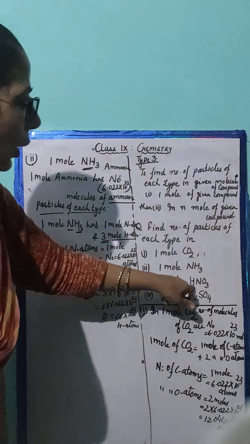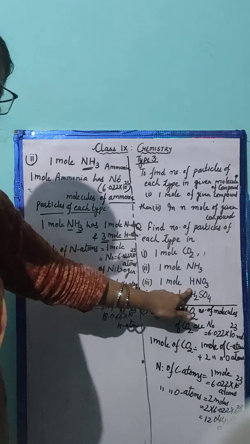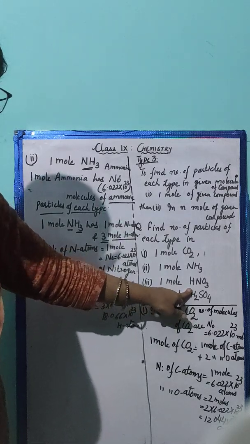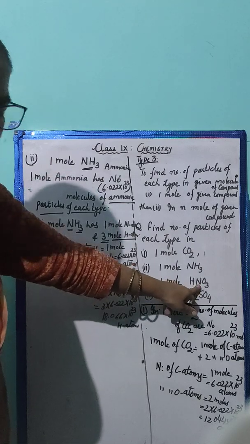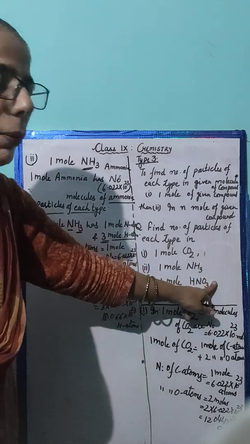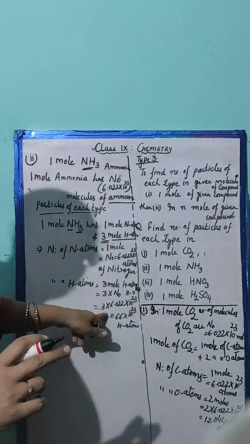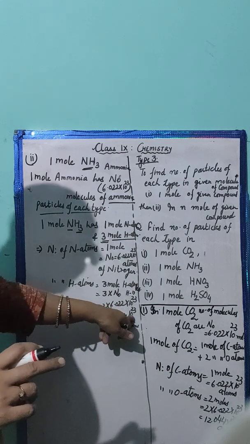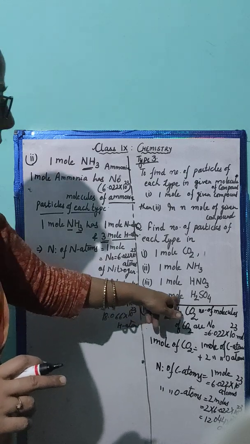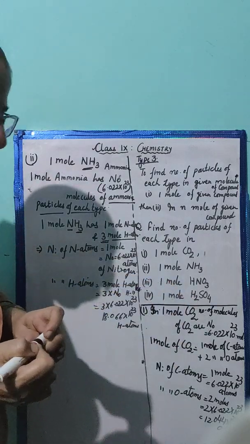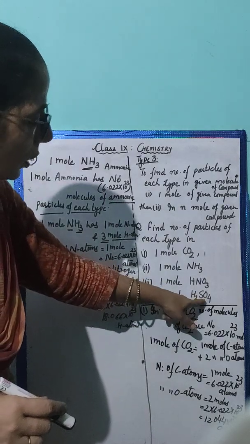Similarly, 1 mole HNO3 will have 1 mole of hydrogen atoms. 1 mole means how much? Avogadro number, 6.022 into 10 to the power 23. Same for nitrogen, but how many oxygen? 3 into N naught, which means 18.066 into 10 to the power 23. Similarly here, 1 mole of H2SO4 has 2 moles of hydrogen, that is 2 N naught hydrogen atoms. How many S are there? 1 mole.